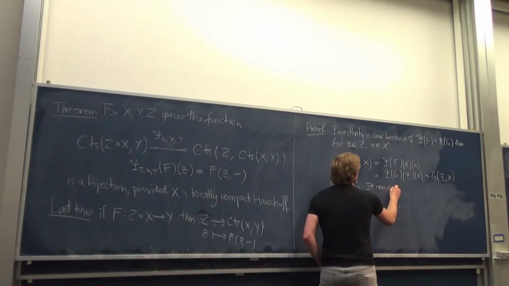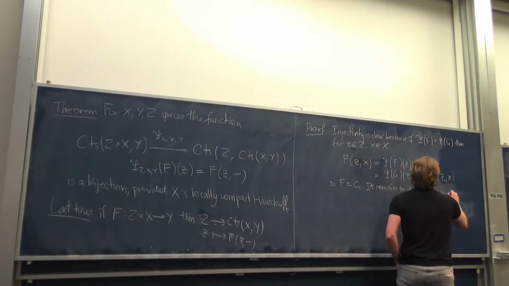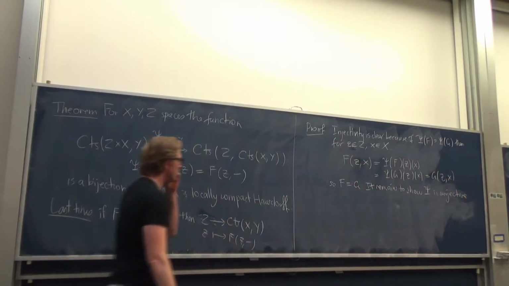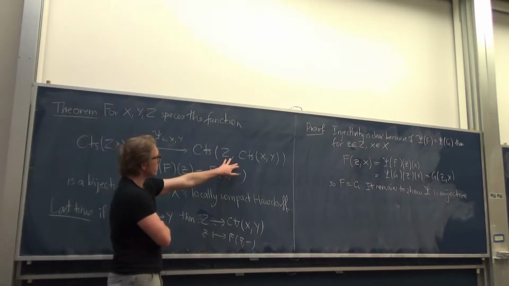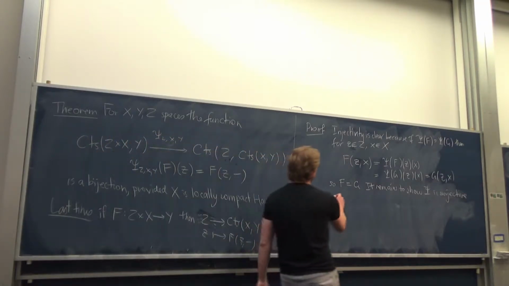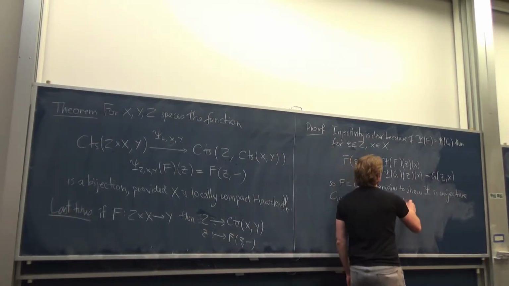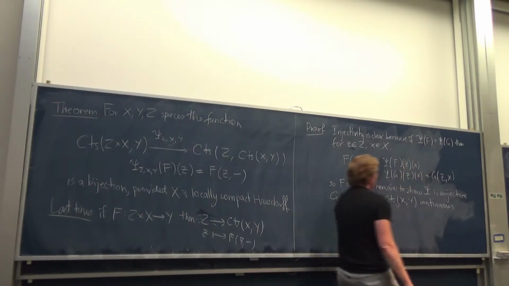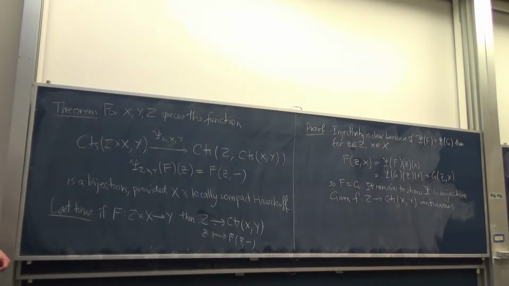Okay, so the work here is to prove that it's surjective. Well, we have to take a continuous map, let's say lowercase f. And we need to produce a capital F such that psi of capital F is lowercase f.